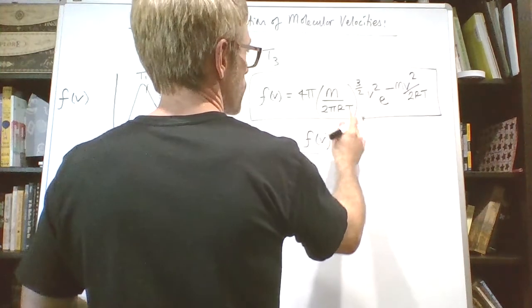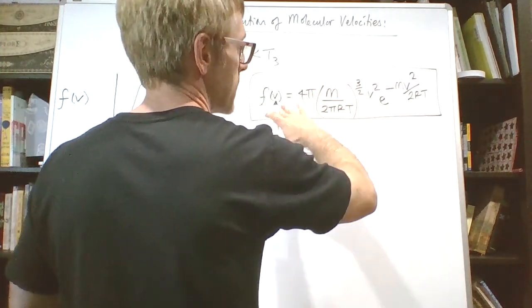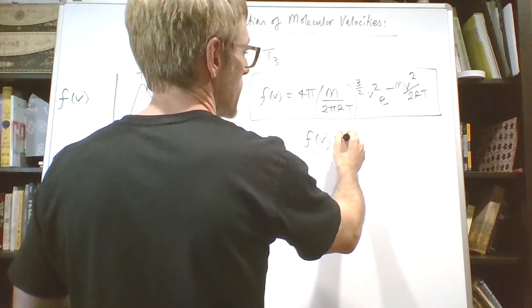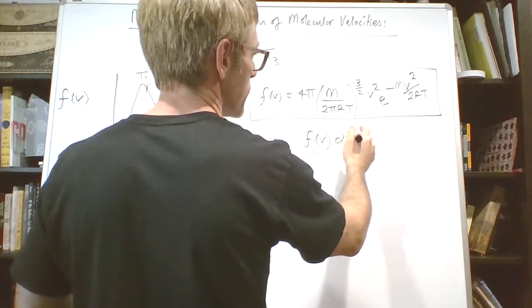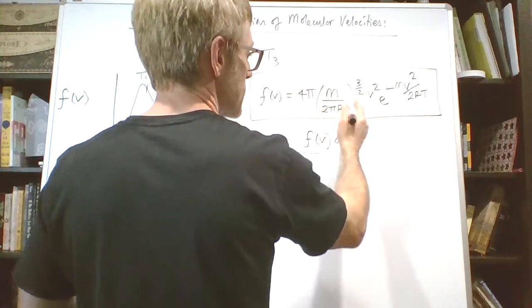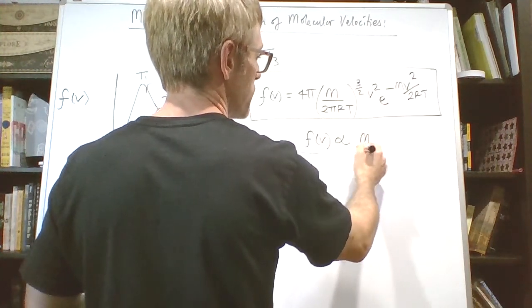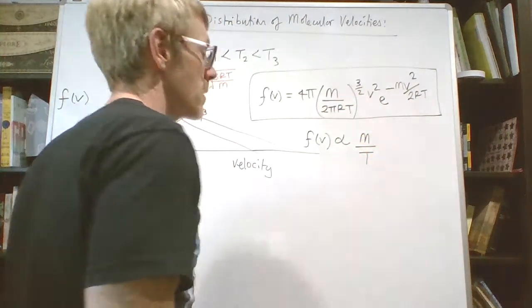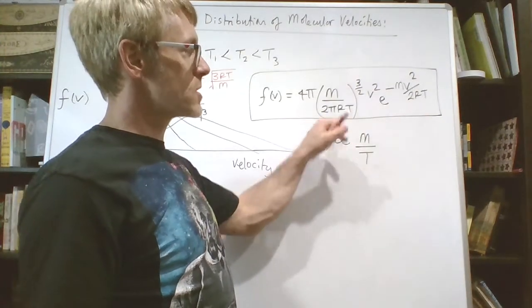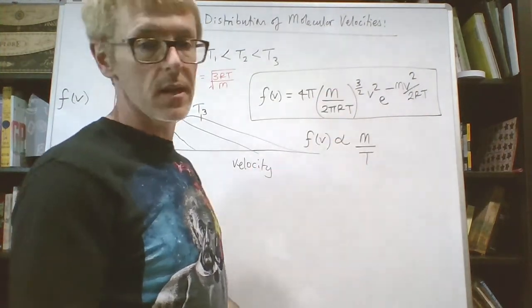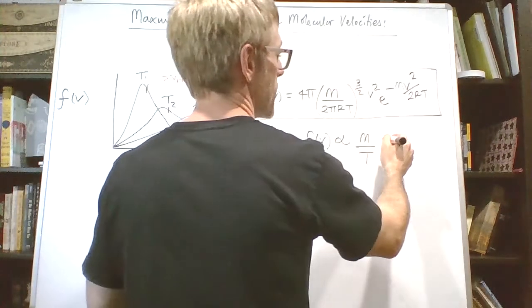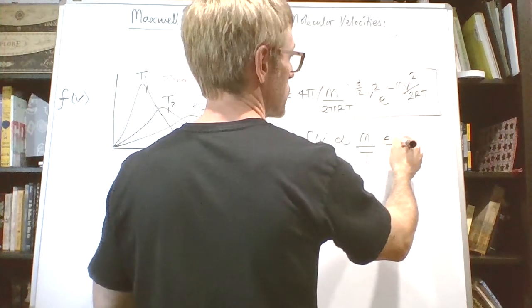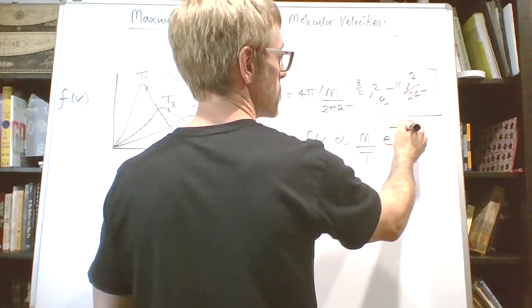But the function, if we take the constant of proportionality away, it's proportional to mass and temperature as a ratio. So I've got a coefficient that has a mass and a temperature in, and then I have an exponential term that also has mass and temperature.